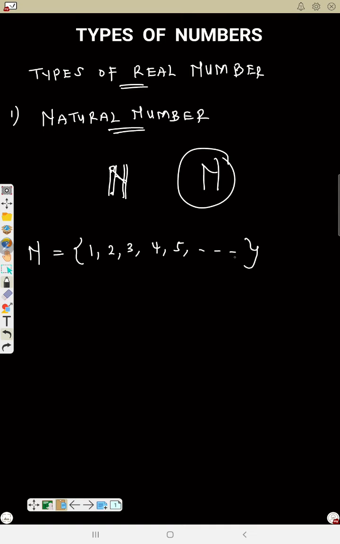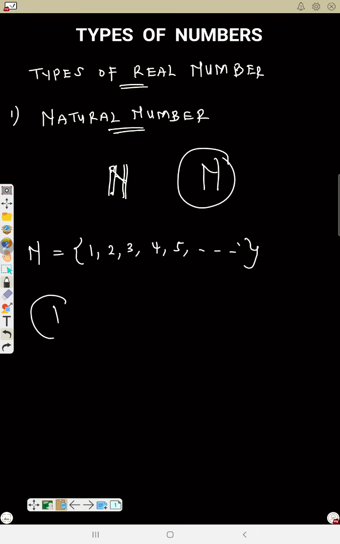Anytime you see dot, dot, dot in your math, it means the numbers continue till infinity. So all these numbers are counting numbers. If they say count, you say 1, 2, 3. Apart from 0, 0 is not a natural number. So the lowest natural number is 1.